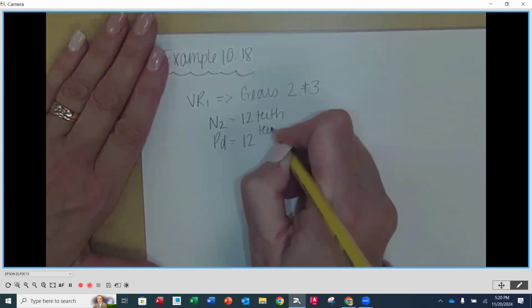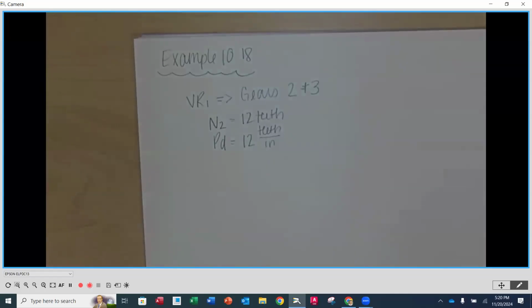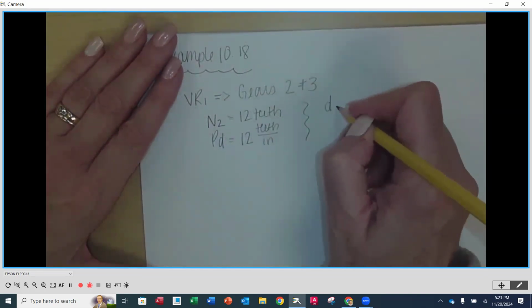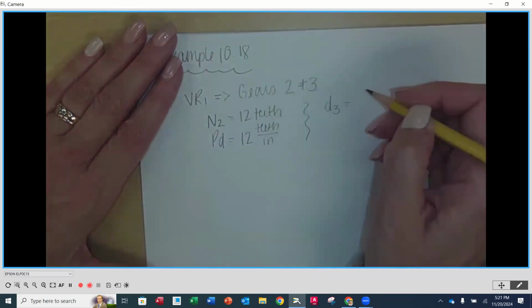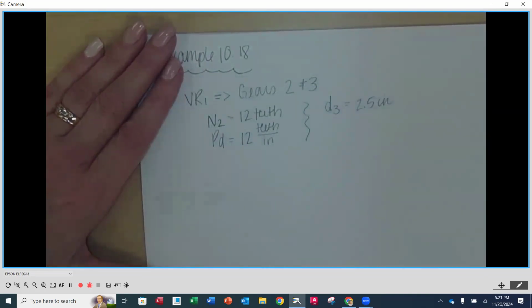And I'm going to put our units in there, even though they don't give them to us, because we don't really report diametral pitch with anything but the number. But when we do our work and our equations and we need to use it, we do need to put it into practice, if you would. And then for gear number 3, they're giving us the pitch diameter number 3 as 2.5 inches. Okay.